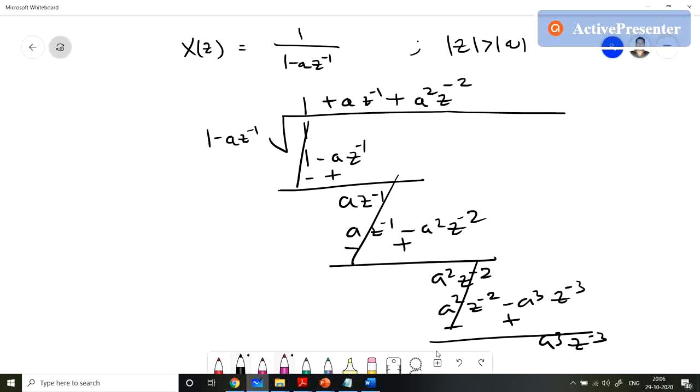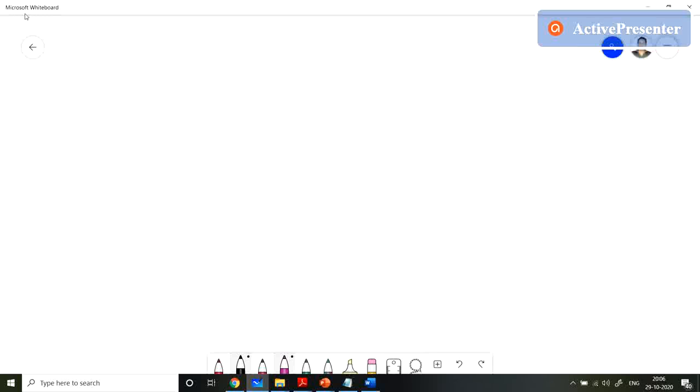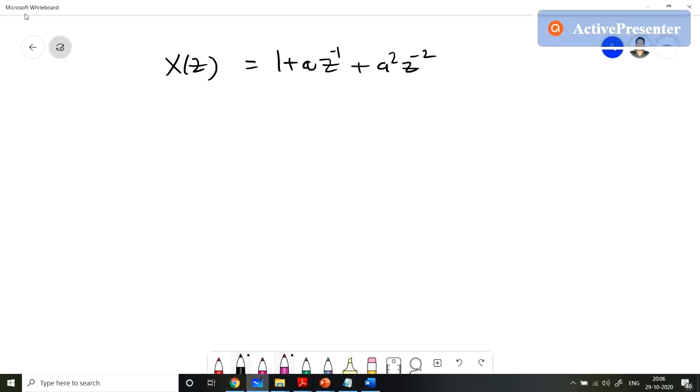So finally what we get is X(z) equal to 1 plus a z raised to the power minus 1 plus a square z raised to the power minus 2 plus a cube z raised to the power minus 3 plus a to the fourth z raised to the power minus 4, and so on. Basically this is an infinite GP series.